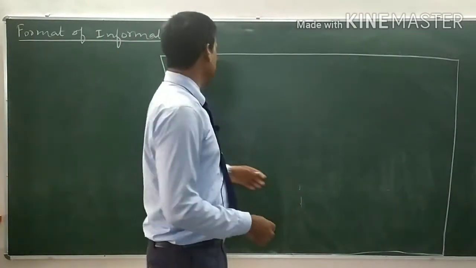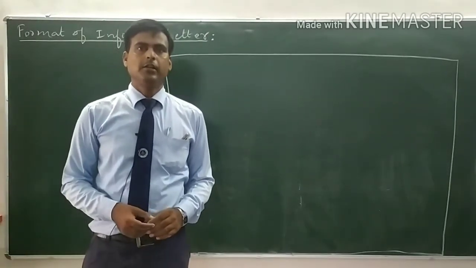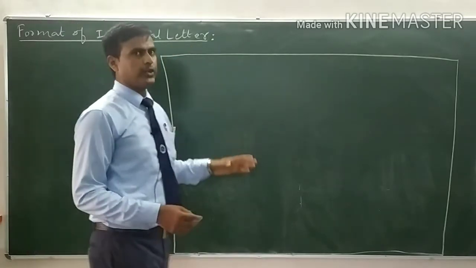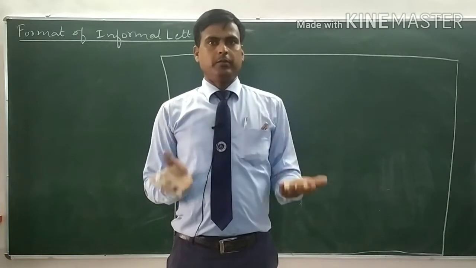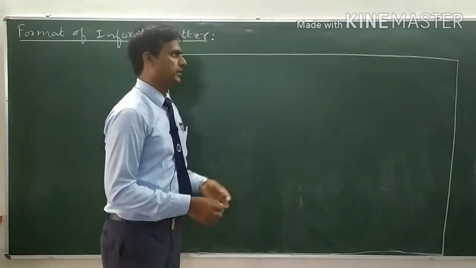As I told you, first of all we are going to see the informal letter. So the format of informal letter, how we write informal letter. First of all, the format.